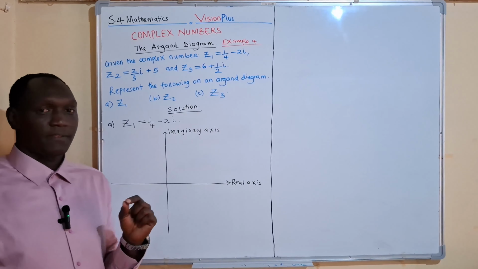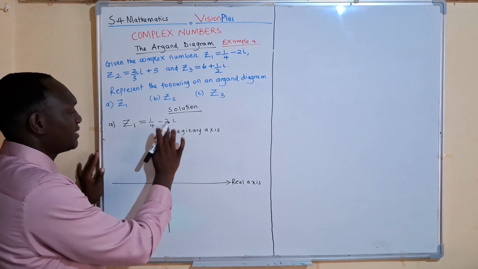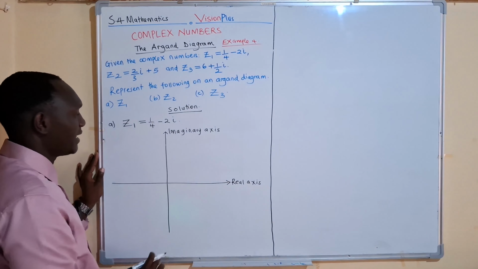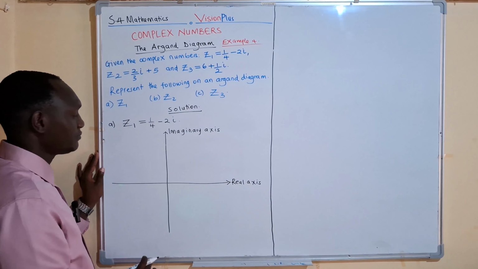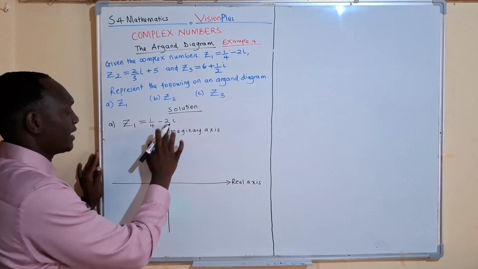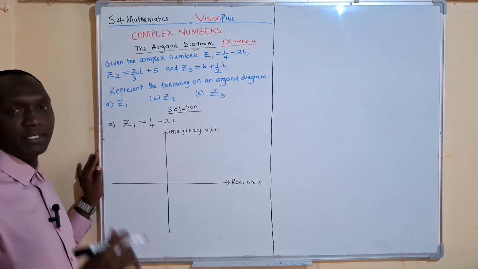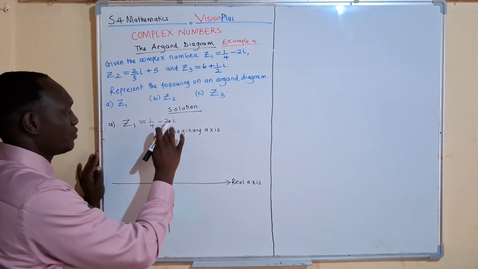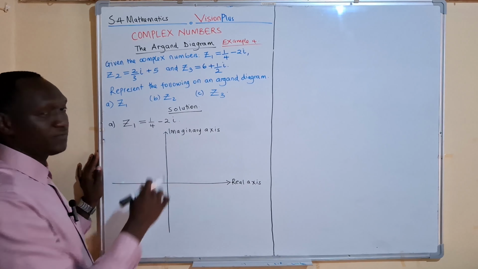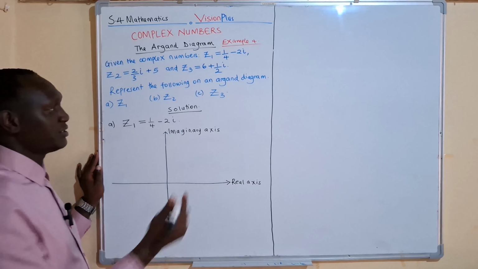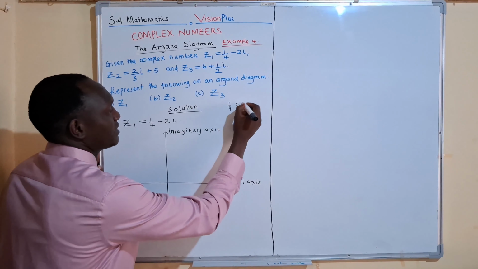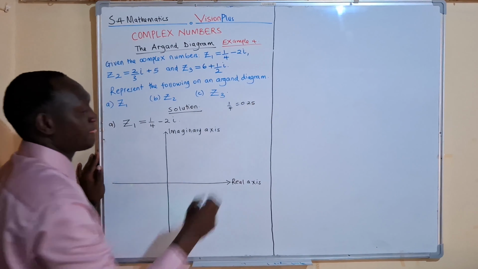Like here on the real axis, we are supposed to locate 1/4. It is positive. Now also on the imaginary axis, we are supposed to locate negative 2. Between 1/4 and negative 2, which one is bigger in magnitude? It is 2. And 1/4 is smaller in magnitude because 1/4 is simply 0.25.